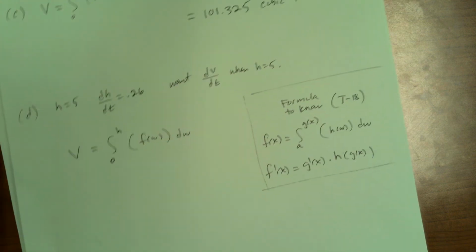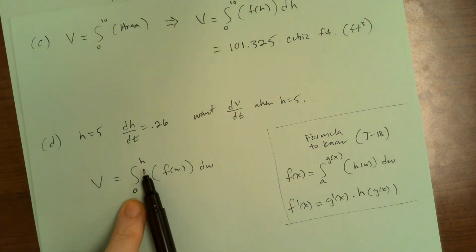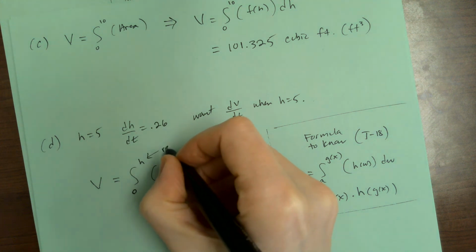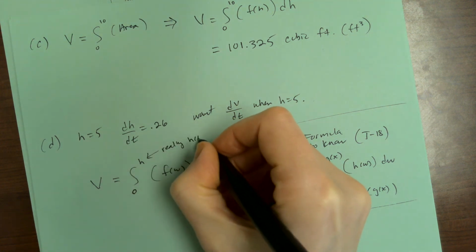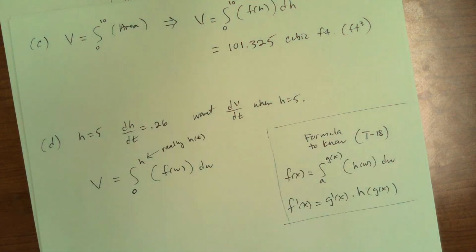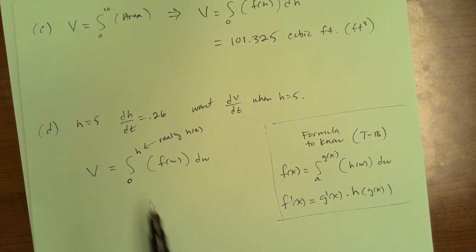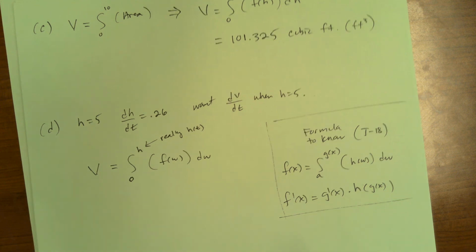Okay, and guys, it's important to know that h is really a function of time, so this is really h of t. So when you take the derivative of both sides here, you need to use this formula.